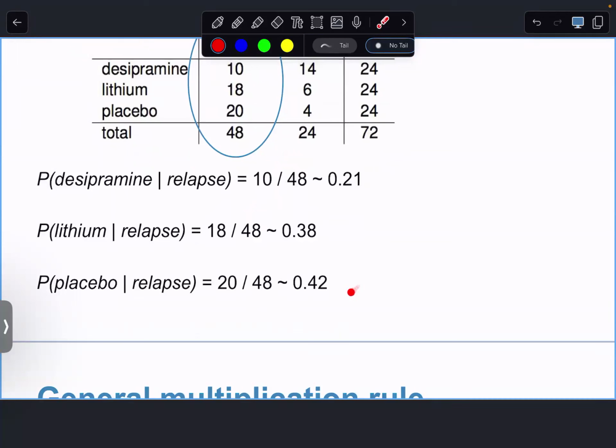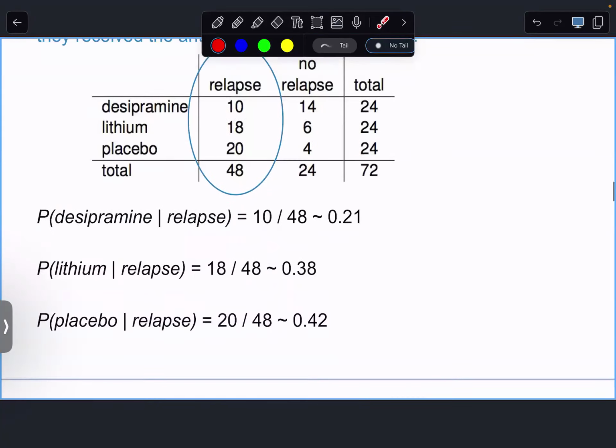So would you say from those probabilities, just your gut reaction, would you say relapsing is independent or dependent on the treatment? So consider the probabilities below.